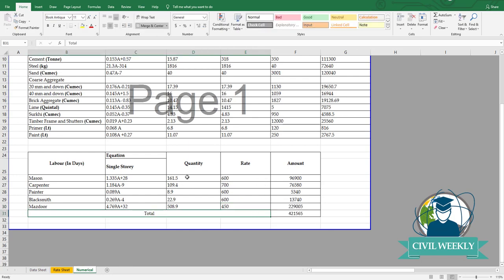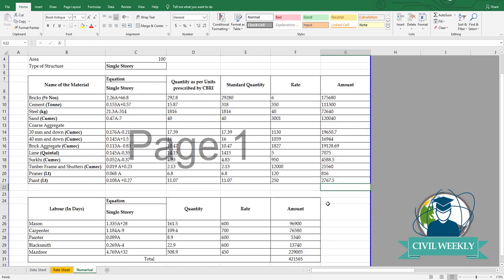You just have to multiply this quantity into rate, then you will be able to get the amount, and you just have to add all these things to get the total cost of the labor. You'll just have to add all these things to get the total cost of the material. Okay, so this will be the total cost of the material. So for that I will have to add all these things.